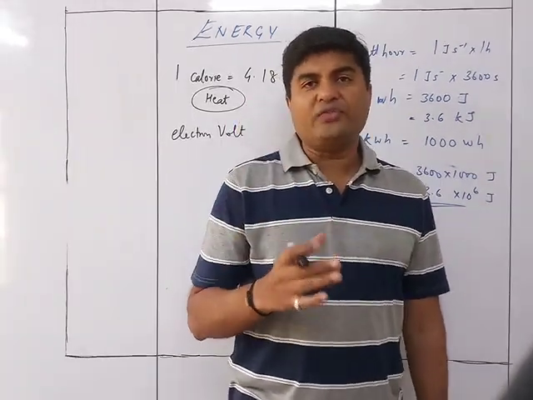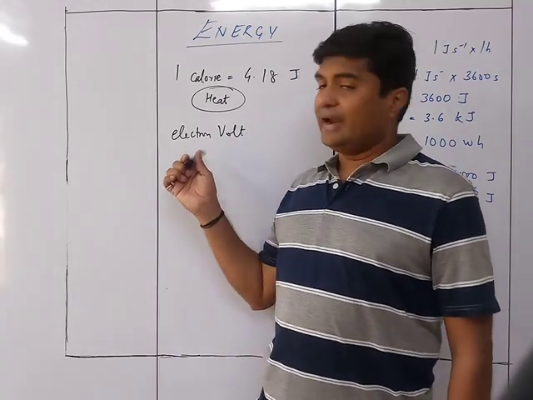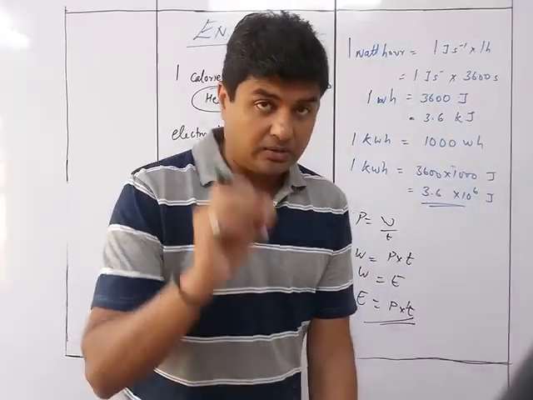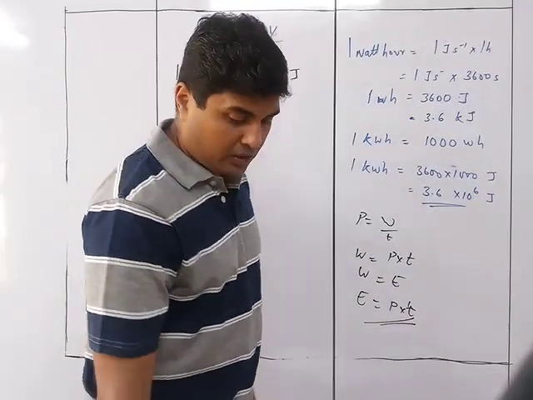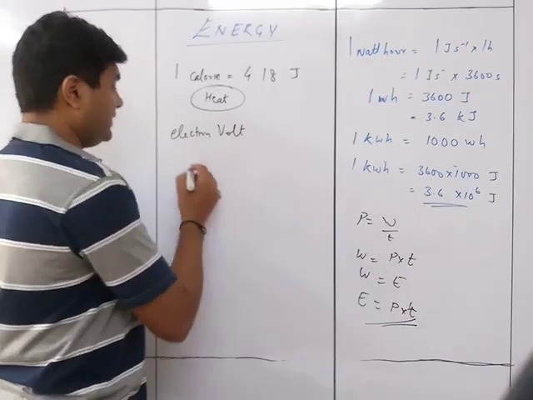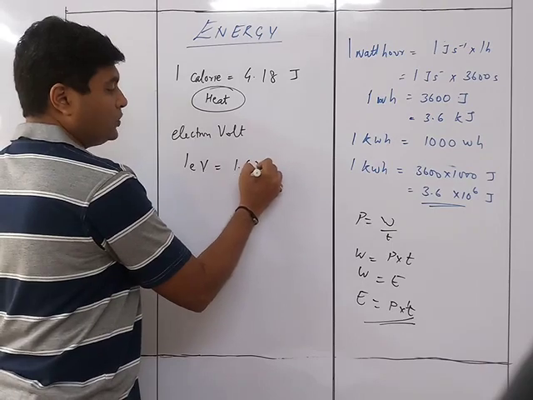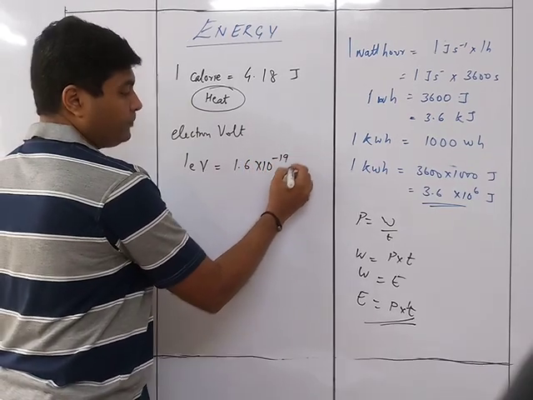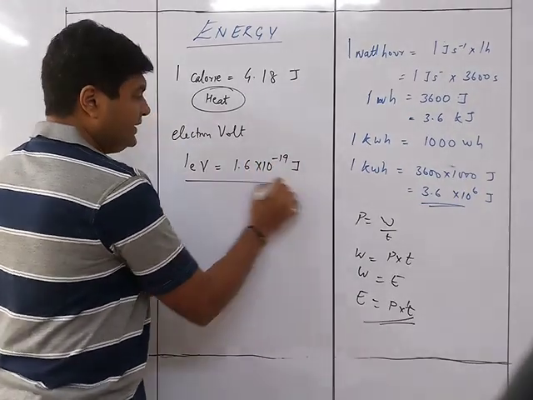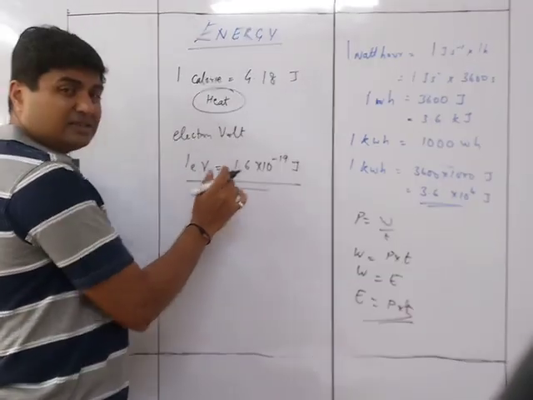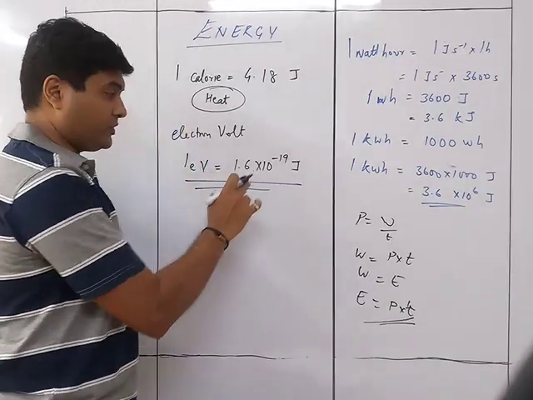All those kinds of energy are measured in electron volt, because the energy of an atom is very small. So 1 electron volt is equal to 1.6 into 10 raised to minus 19 joule.